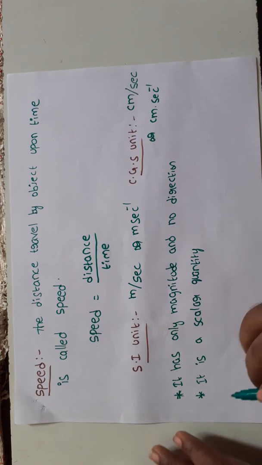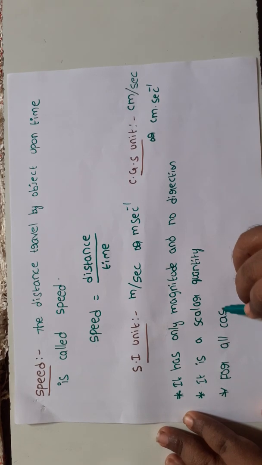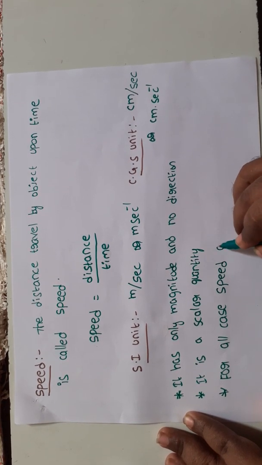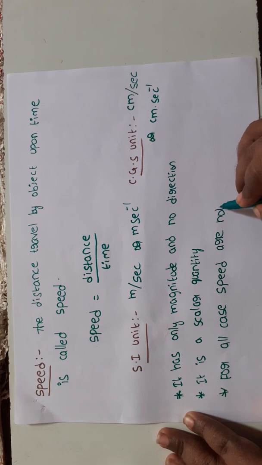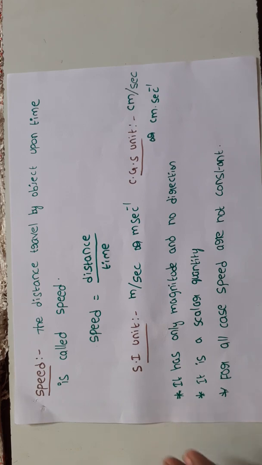Next point. For all cases, speed is not constant. The object traveling from position A to B, 25 kilometers, is not moving with constant speed.